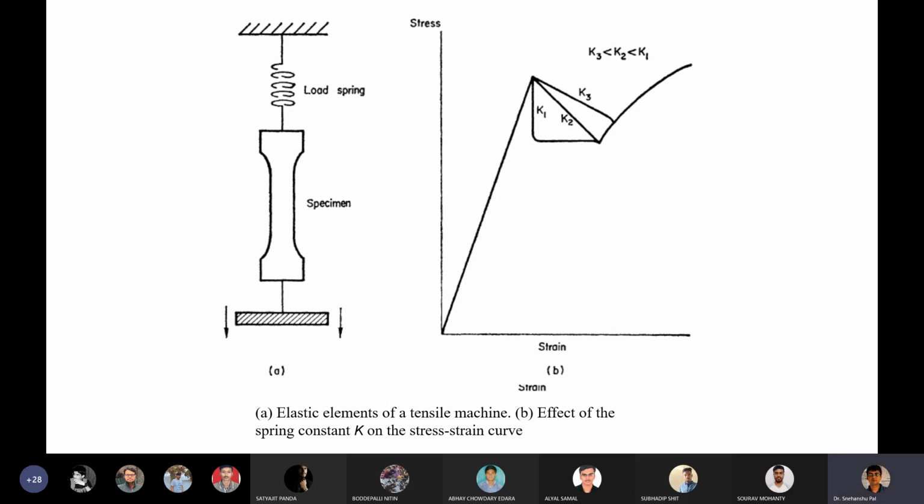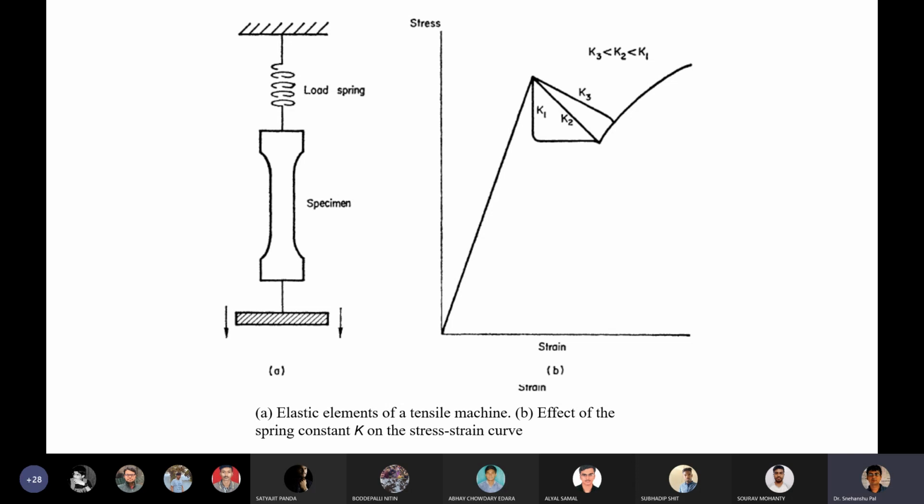So now we are going to understand that certain materials have different features with respect to stress strain behavior, but you should also know that the effect of tensile machine and specimen stiffness on the stress strain plot is very significant.